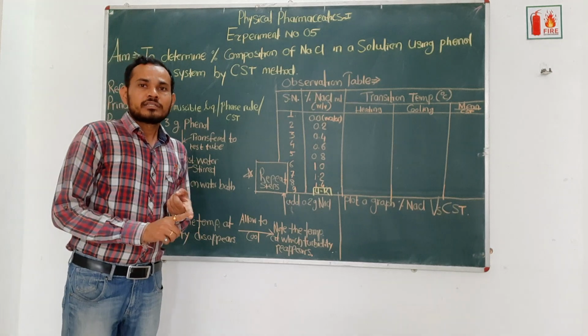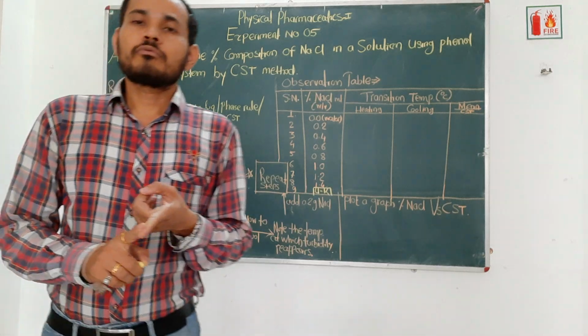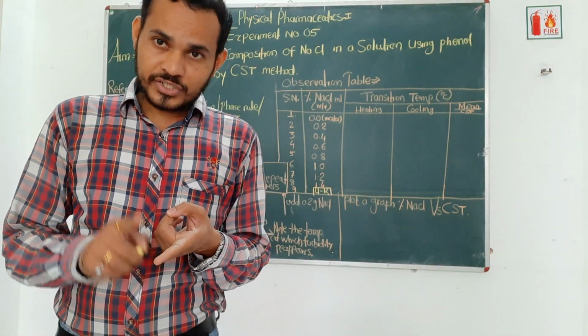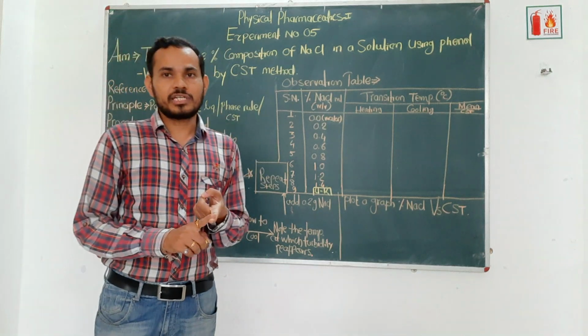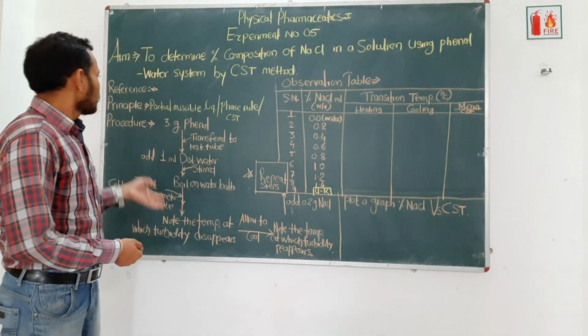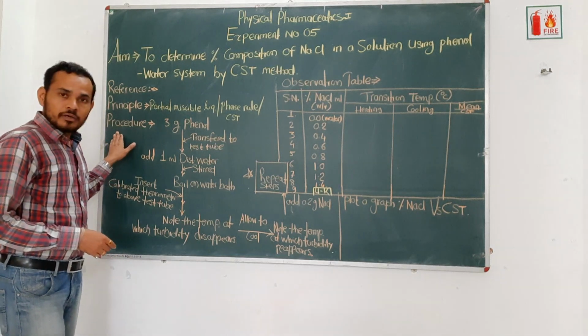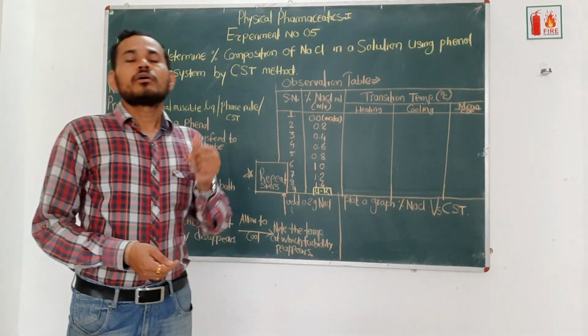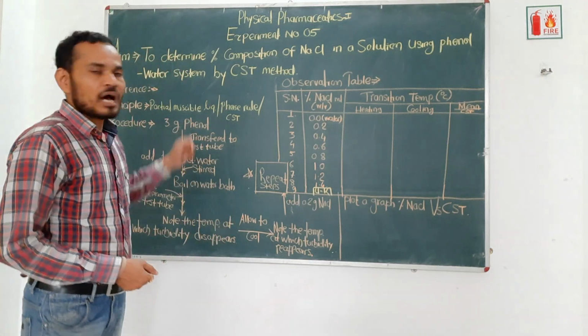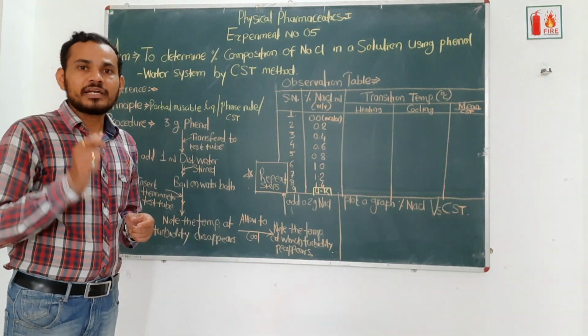And we have to see what the impact of the concentration of NaCl is on this critical solution temperature. For that purpose, we have to follow a procedure. In this procedure, we weigh 3 grams of phenol in a boiling test tube.